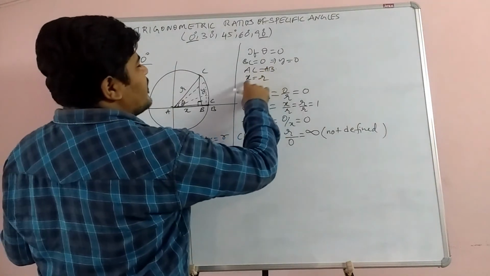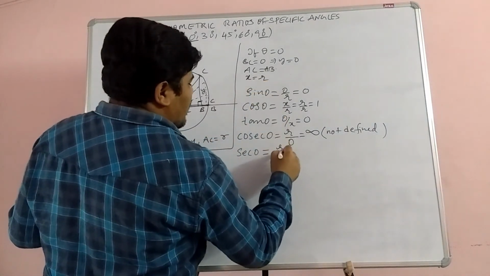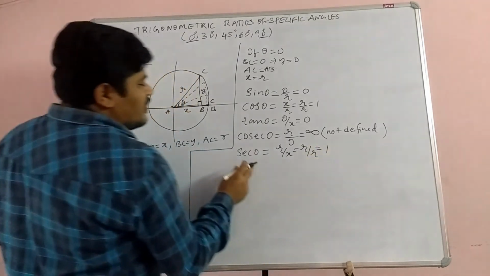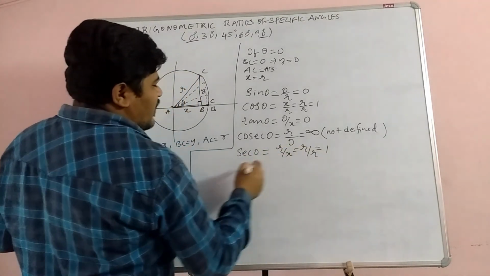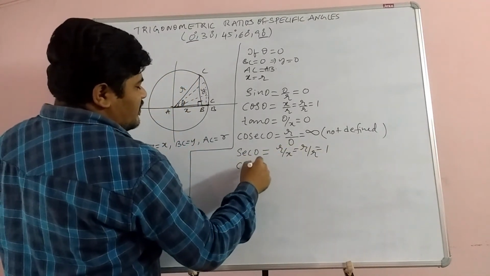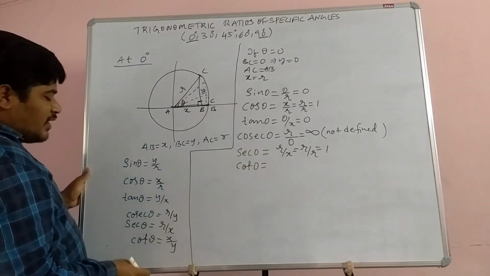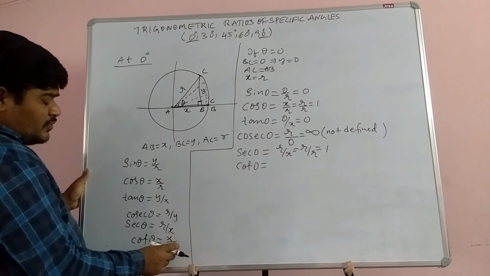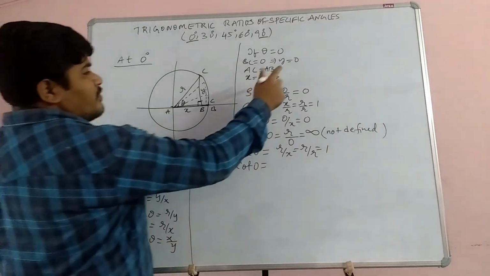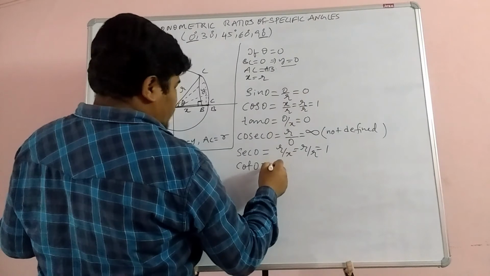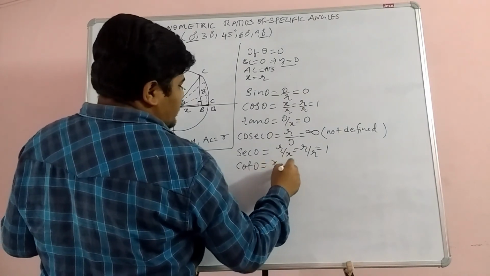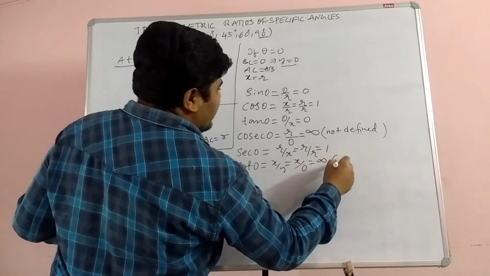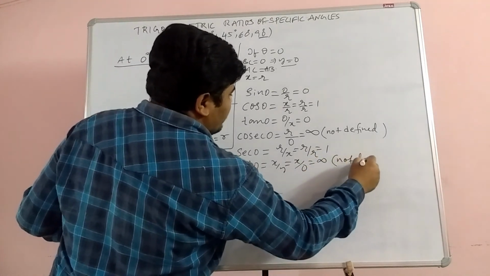But r and x are both equal to each other. So r by x, we can write it as r by r, which is equal to 1. So secant 0 is equal to 1. And finally, cot 0. What is cot 0? x by y. Already we got the y value as 0. So x by y is equal to x by 0, which is equal to infinity or not defined.